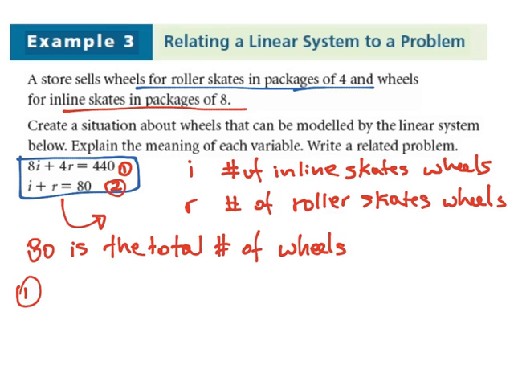But we have one more equation, the first equation, 8I plus 4R equals 440. Now the problem with this one is, why would we multiply 8 by the number of inline skates? And 8 represents how many per package? So that's very interesting. There's 8 per package.